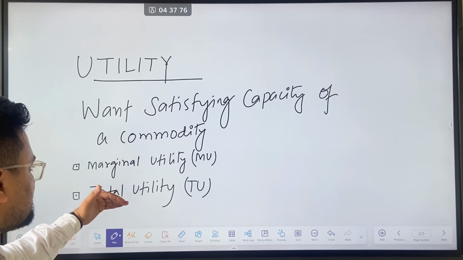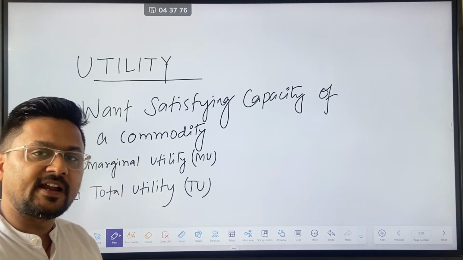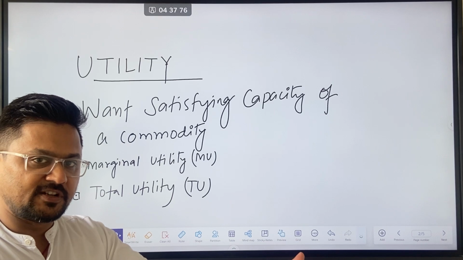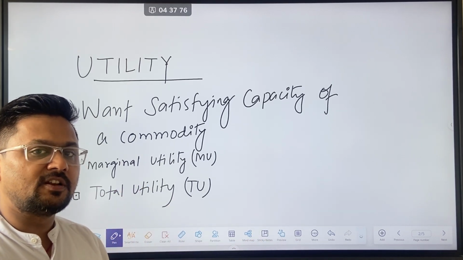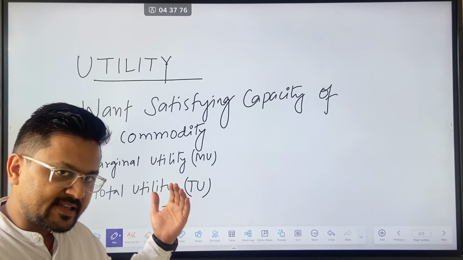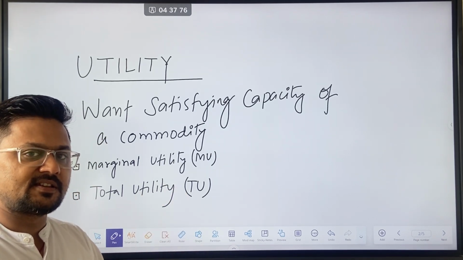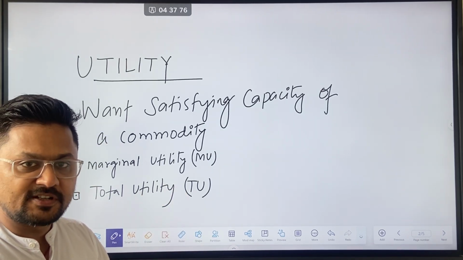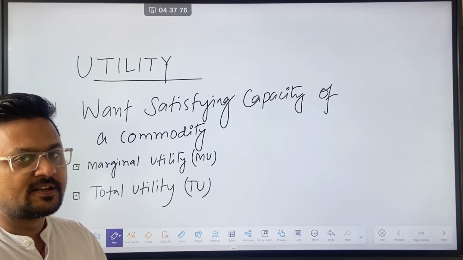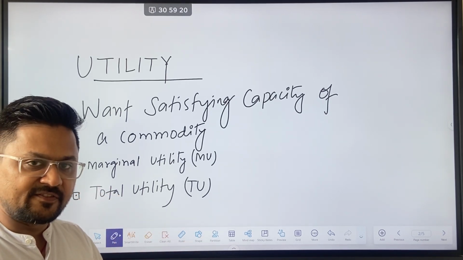Utility can be of two types, that is, marginal utility and total utility. Marginal utility is the additional utility, or the additional want-satisfying capacity of the commodity, whereas total utility is the sum of the marginal utilities, that is, the total amount of utility or satisfaction that the consumer derives.